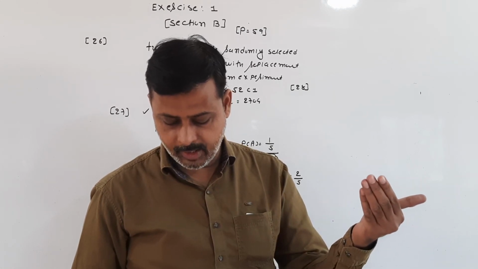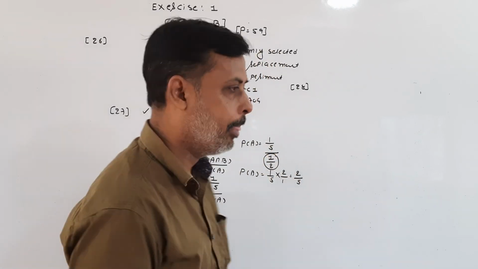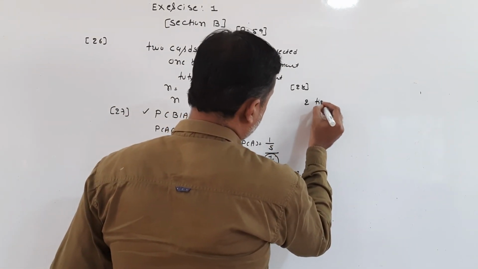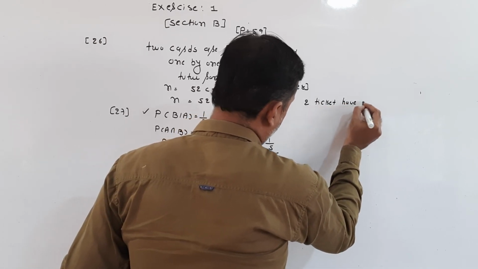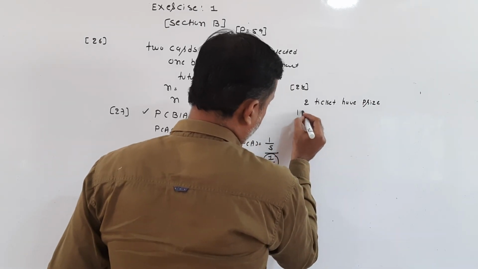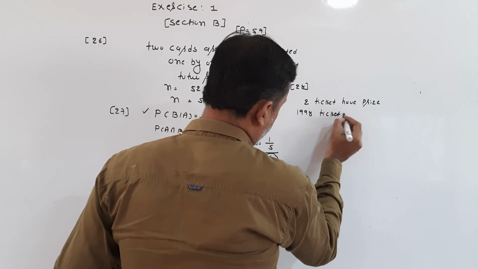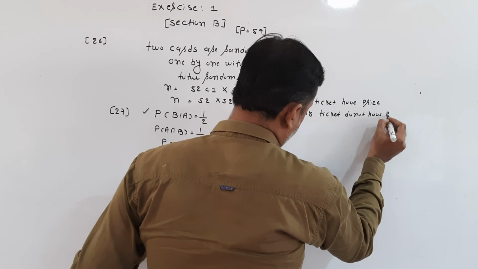and 1998 tickets do not have prize, means 2 tickets have prize and 1998 tickets do not have prize.